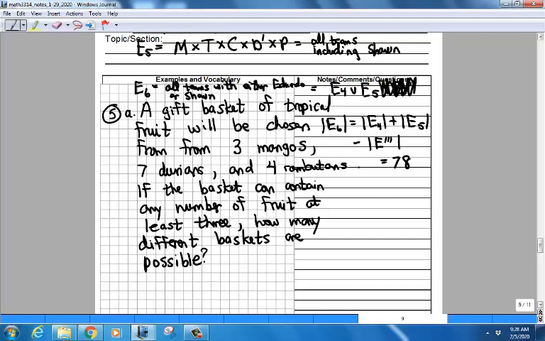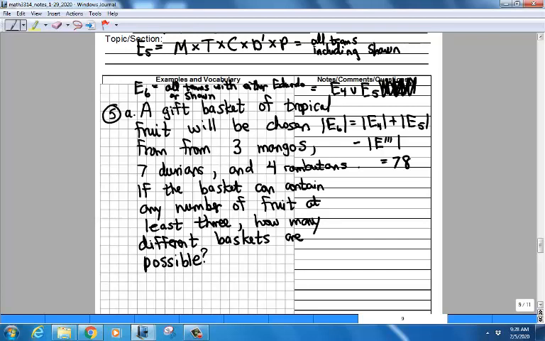This is what's available to you. But you don't have to have one of each. That's not a requirement. You just got to have 3 fruits in there. So it could be all mangoes, for instance. So how many different baskets are possible under those conditions?